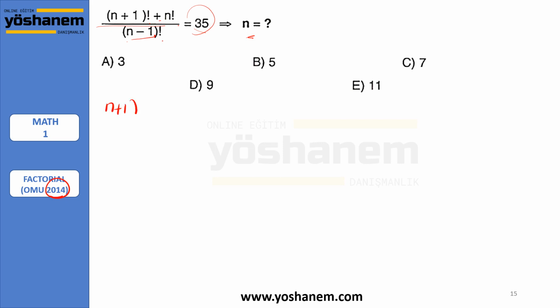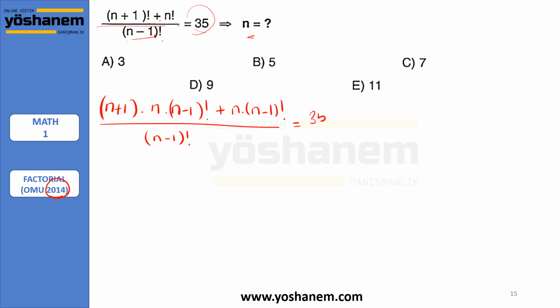N plus 1 times 1 less than n plus 1 is n, and 1 less than n is n minus 1 factorial plus n times n minus 1 factorial over n minus 1 factorial is 35. Let's factor out n minus 1 factorial.